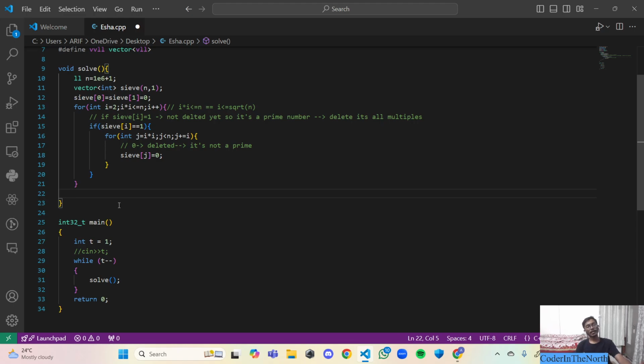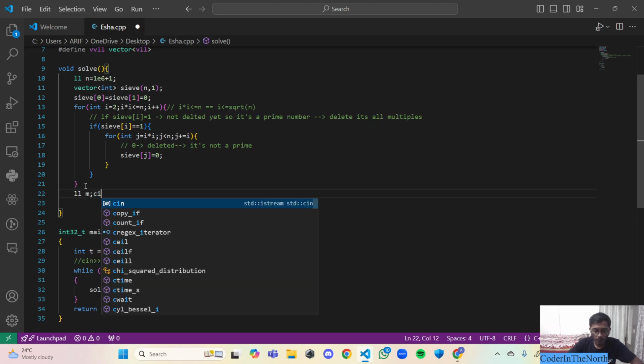Now I already have an array of size 10 raised to 6, and after computing this, we know whether a specific number is prime or not in the range of 10 raised to 6.